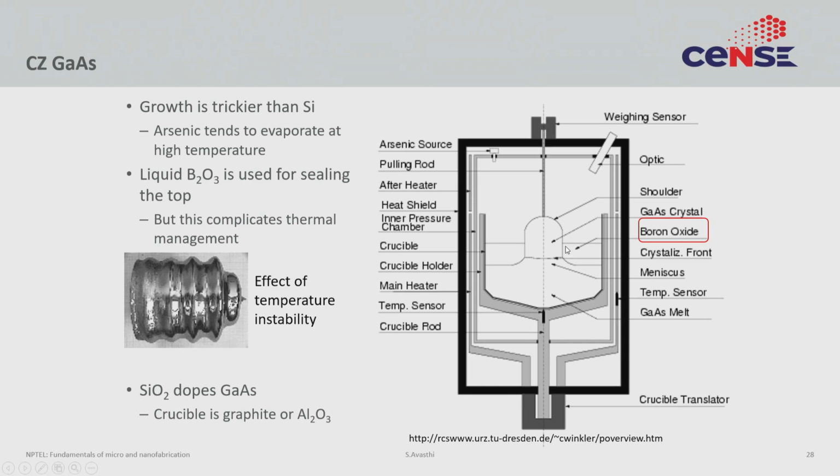Because of this capping layer, there is a thermal instability, and the thermal instability leads to an instability in the area. So the area of the ingot keeps changing. So you form these wavy sort of ingots, and that too not of extremely high quality. This is the reason why gallium arsenide often is not made using the Czochralski method. There is a competing method that we will discuss in the next slide that is often used.